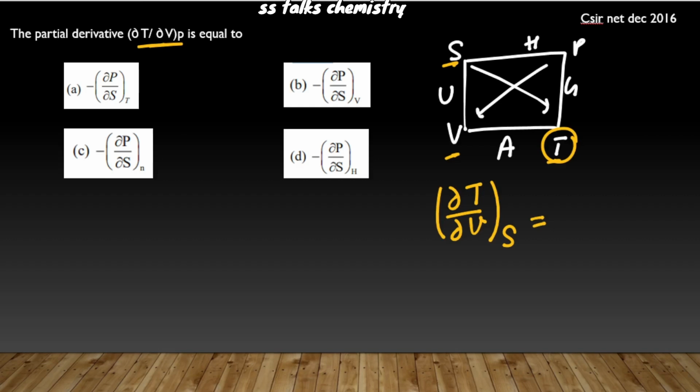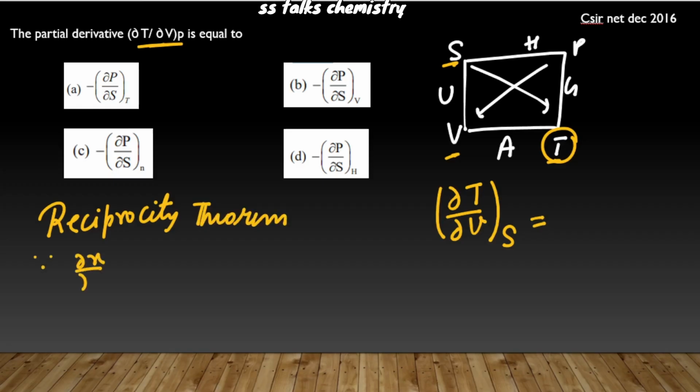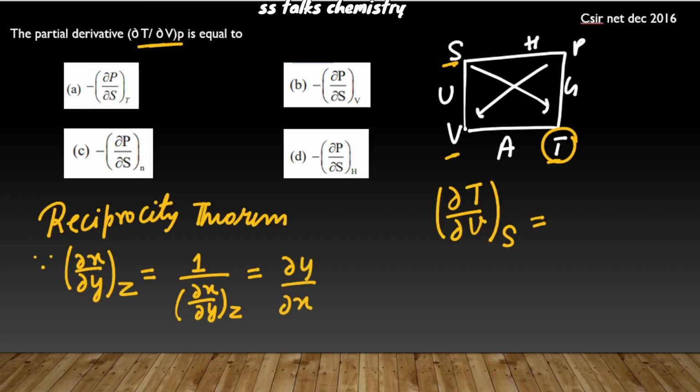So for this we make use of a theorem called the reciprocity theorem. According to this theorem, del x by del y at constant z is equal to 1 upon del y upon del x at constant z, that is, the inverse.